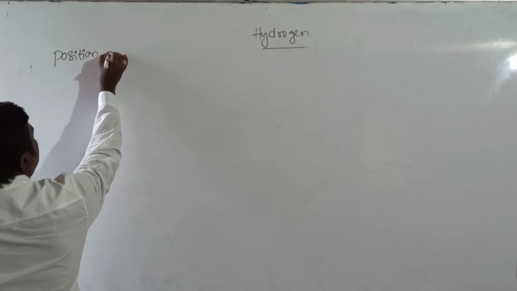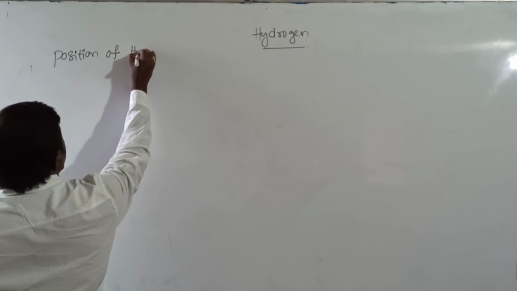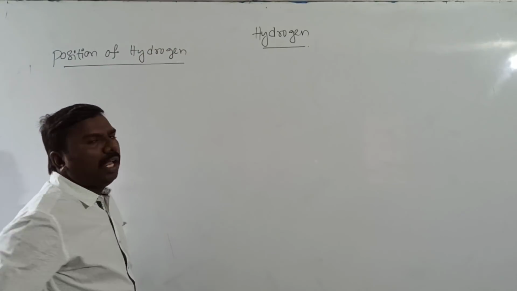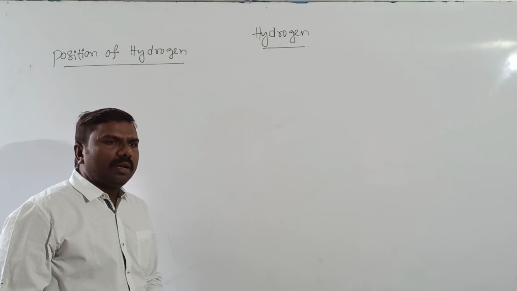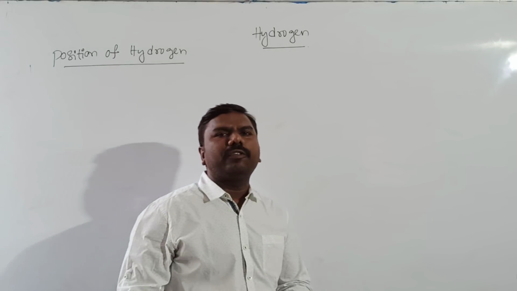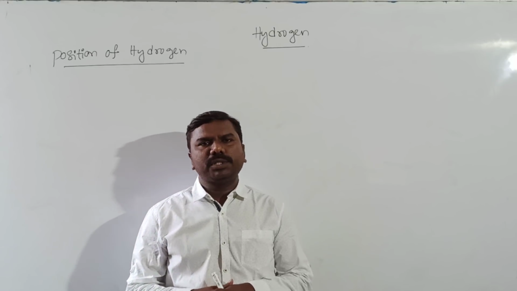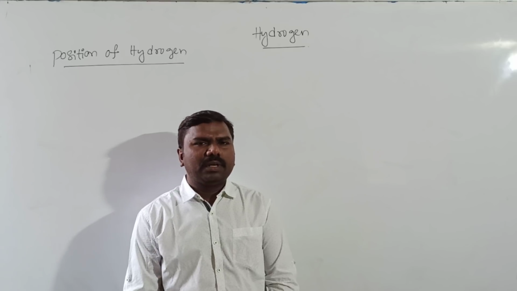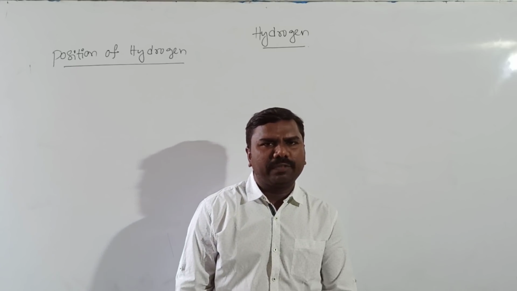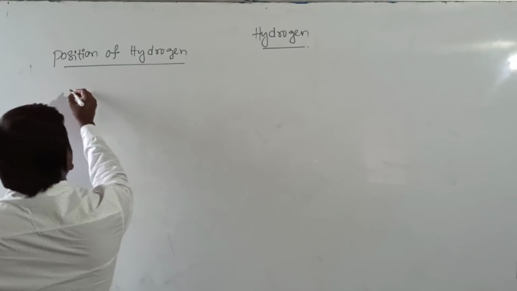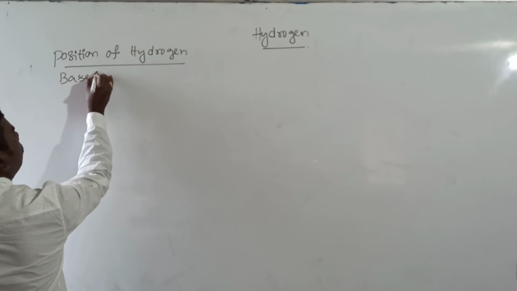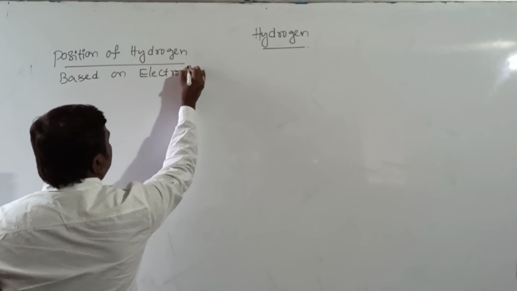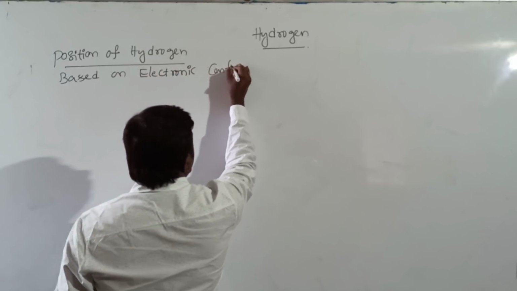Position of hydrogen in periodic table. Position based on electronic configuration, we can place hydrogen in first A group, otherwise 17th, based on electronic configuration.